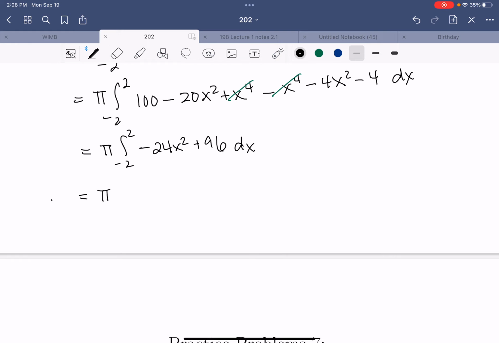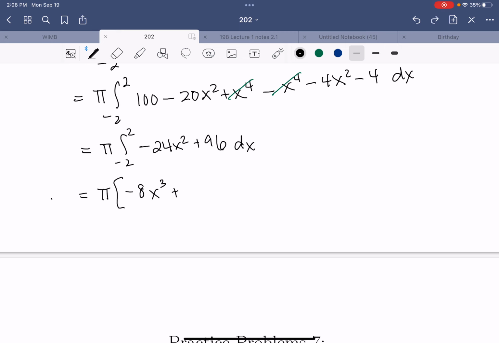Let's try this again. So the antiderivative here is negative 8x cubed plus 96x. And I'm evaluating from negative 2 to 2. So that's pi times. When you cube 2, that's 8. 8 times 8 is negative 64. Plus 96 times 2 is 192.